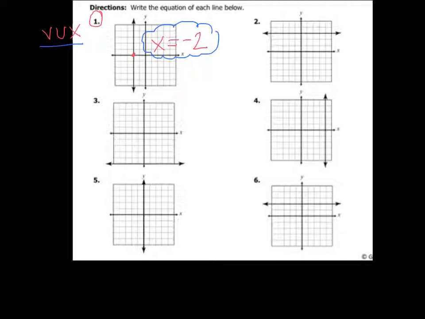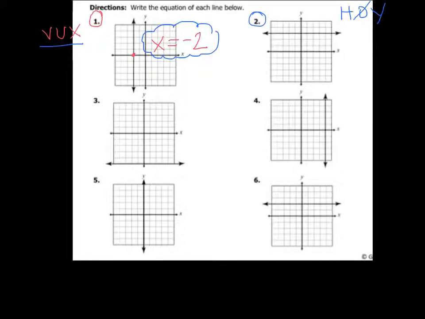Okay, so let's look at number 2. For number 2, I automatically notice, hey, I'm looking at a horizontal line. So using the tools that my teacher gave me, that would be me, I would go ahead and write down that this is HOI. The HOI is supposed to help you remember horizontal lines have 0 slope. Those would be y equals a number.